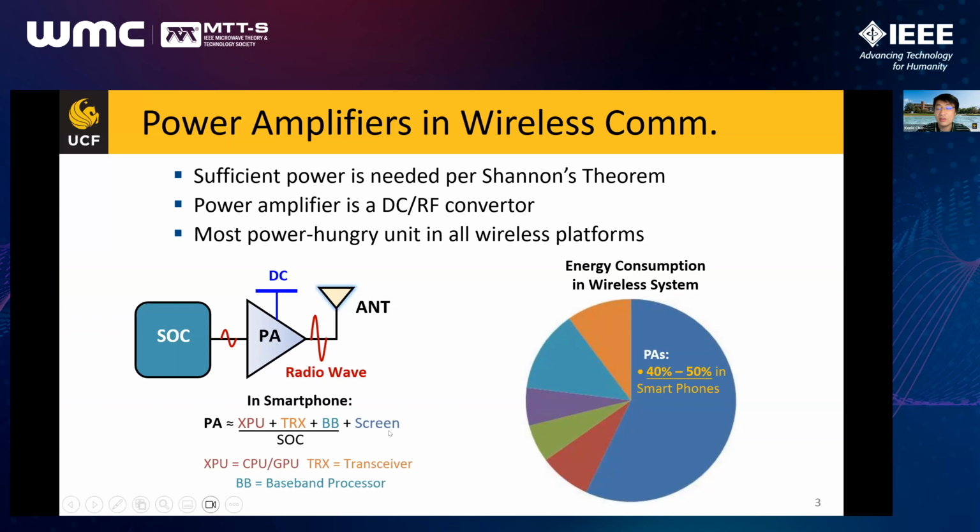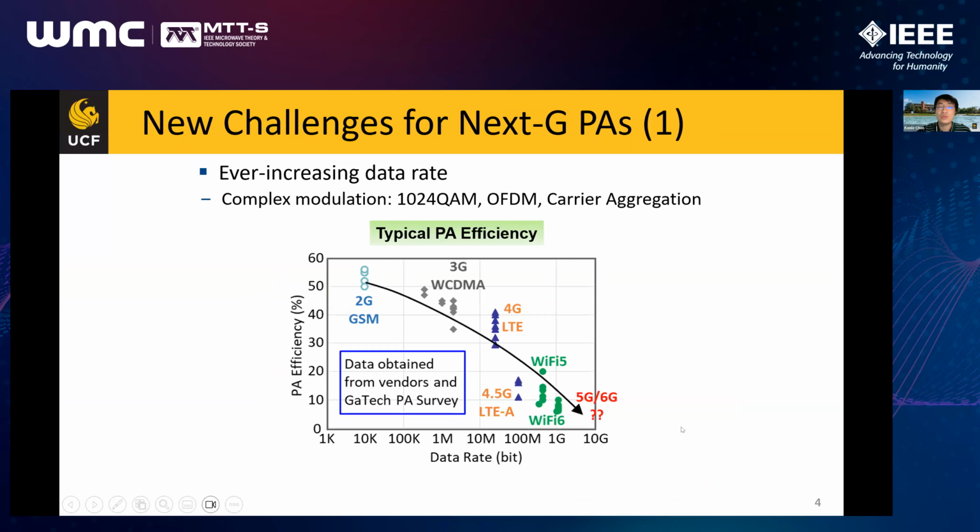So it is really a lot of power being consumed by this single unit in your smartphones. And in the base stations, this power consumption ratio is even more. It could be up to 80% of the total power consumption. So we definitely need to achieve the highest possible efficiency for the power amplifier.